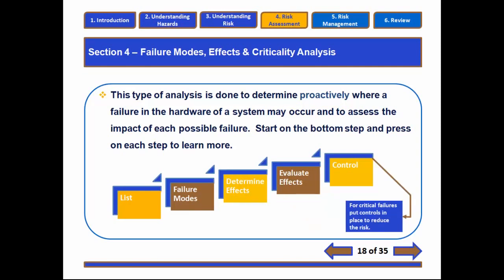And once you've evaluated the effects of the criticality, then that helps to direct your development of controls towards the most severe failure modes, the most critical problems that can arise from those failure modes.